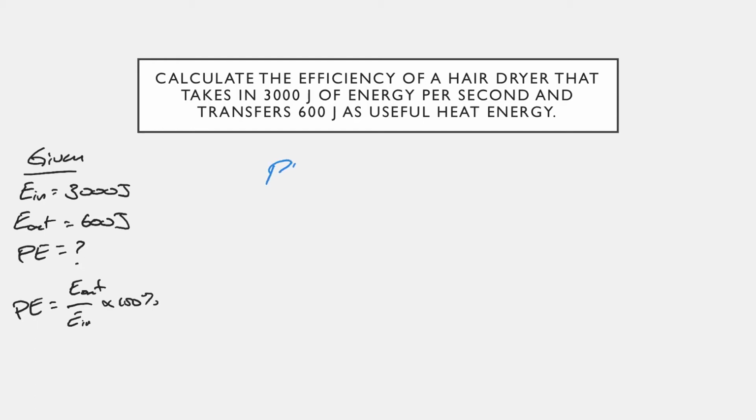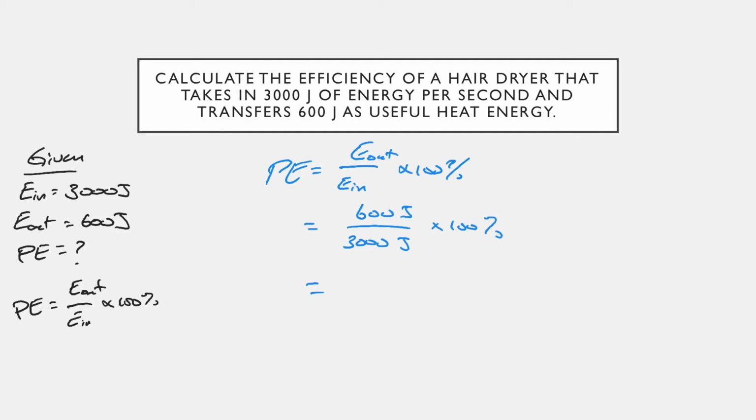So our percent efficiency is equal to the energy output divided by the energy input times 100%, and that is 600 joules divided by 3,000 joules. That gives us a percent efficiency of 20%, and we'll finish off with a therefore statement.